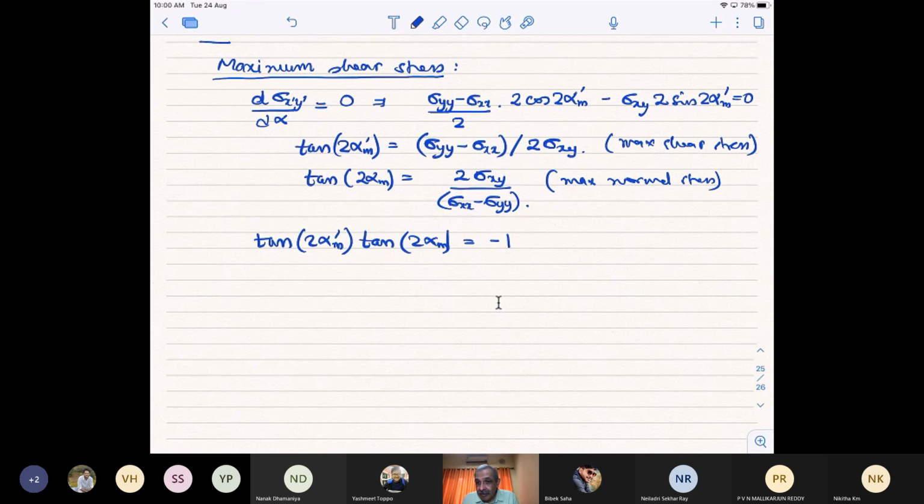So if that is the case, then this implies that the absolute value of 2 alpha m minus 2 alpha m prime is equal to pi by 2 or 90 degrees. That means alpha m minus alpha m prime is equal to pi by 4.